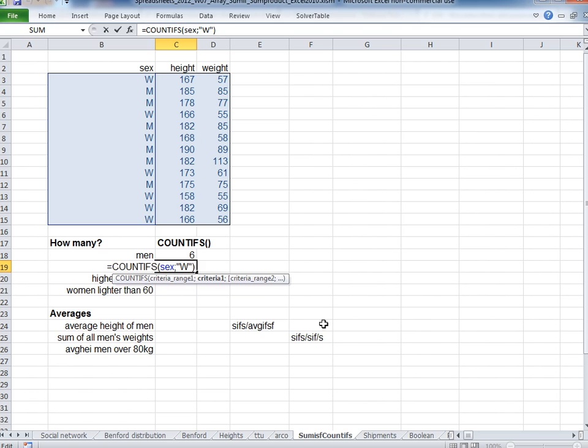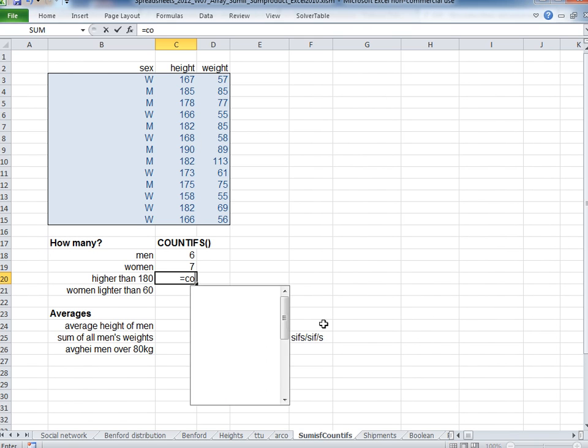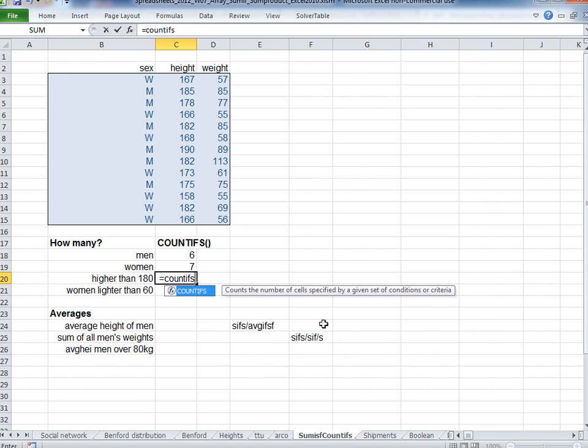Next, we need to know what is the number of people who are higher than 180 centimeters. So it goes like this, equals, again, this is COUNTIFs, and we want to know criteria range is this time height, so we're checking heights only, semicolon, and now we want to know whether a person is higher than 180.